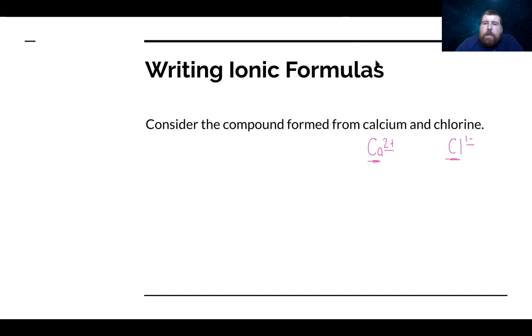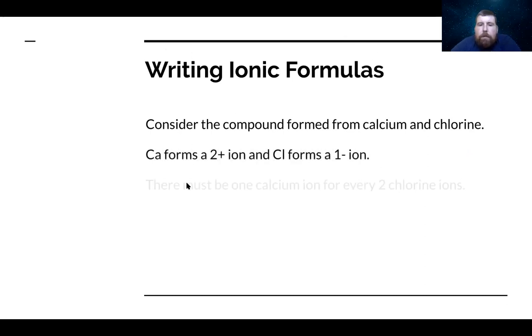One of the ways we do this is by bringing more of the chlorines into the ionic compound of calcium chloride. For every 1 calcium, which has a 2+ charge, you need 2 chlorine ions.